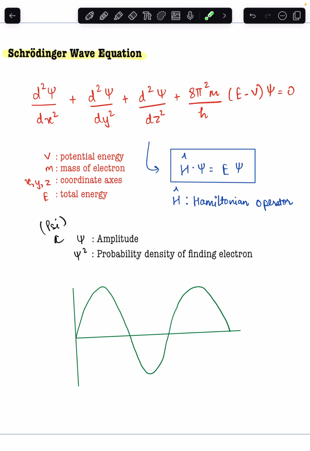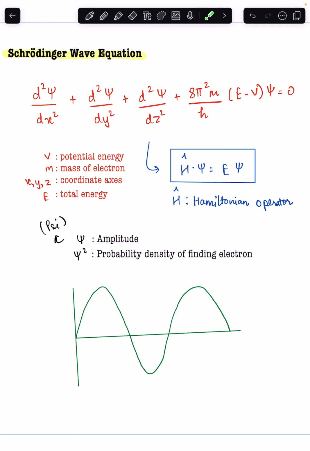So psi square denotes the probability density of finding the electron, like what will be the probability that we'll find the electron here. And psi square can never be negative, and that makes sense as well, because it is a probability, right?